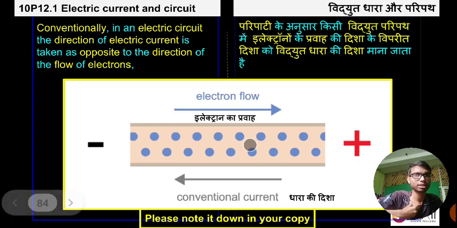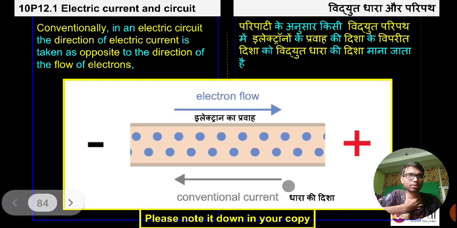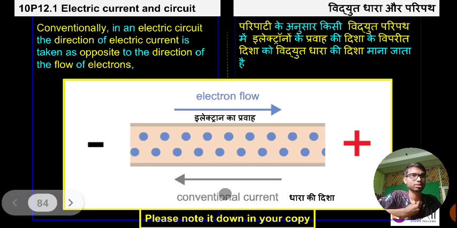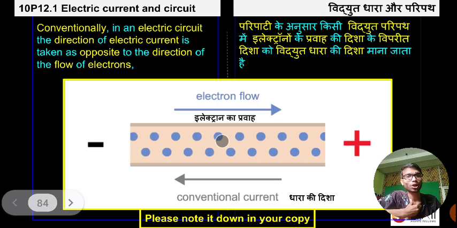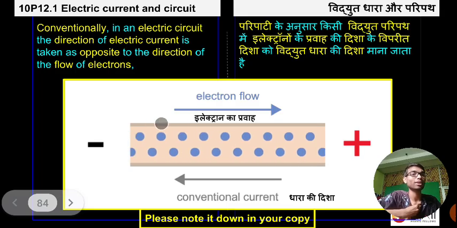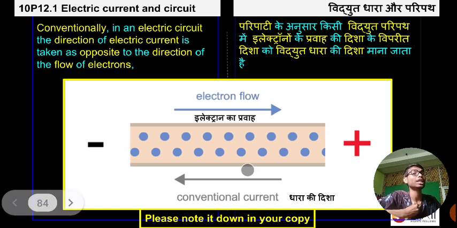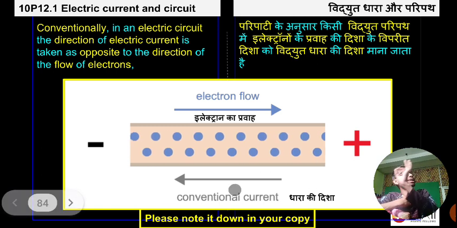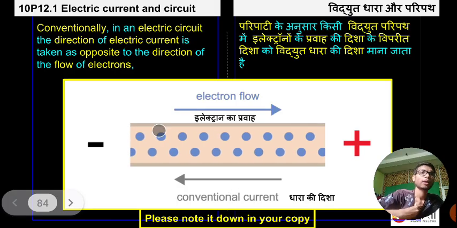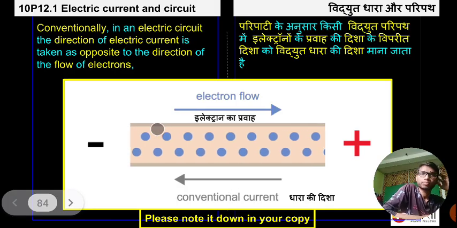Here we can see this electron flow, and here we are saying this is the current direction. Electrons will start traveling from the negative terminal, but the direction of current would be from the positive terminal to the negative terminal. Now we are crystal clear.